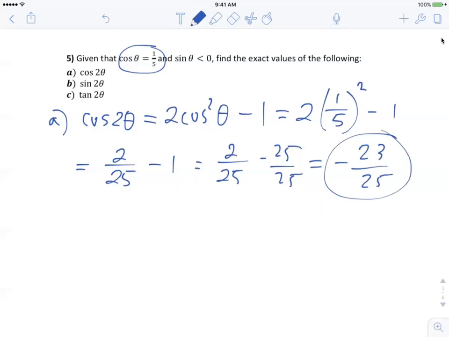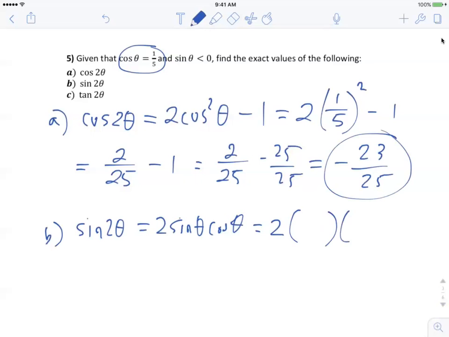There's the cosine. All right, how about for sine? Now we only have one version for the sine. It's 2 sine theta cosine theta. Well, in this identity, I have the 2. I don't know what sine theta is. I do know cosine theta is 1/5. So the problem here is not knowing sine theta, so I will have to go and find that.